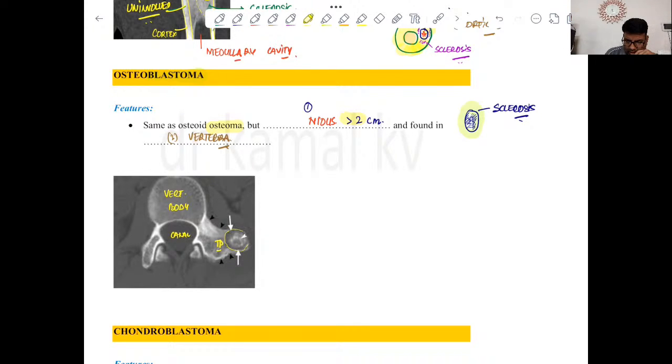In this black cavity you can see multiple white shadows, right? So this is a classical nidus in the transverse process. So this is osteoblastoma.